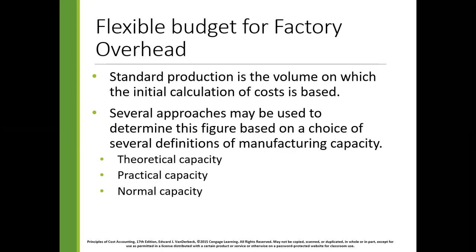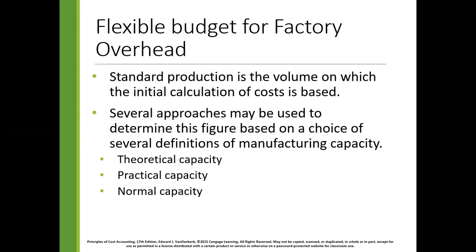Generally speaking, factory overhead is based on normal capacity, kind of standard production numbers, right? That is how we base our calculations. But just like it shows here, these calculations could also be based on theoretical capacity or practical capacity. Again, standard capacity is another way to say normal capacity, right?